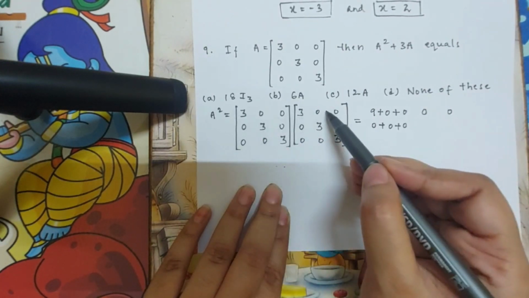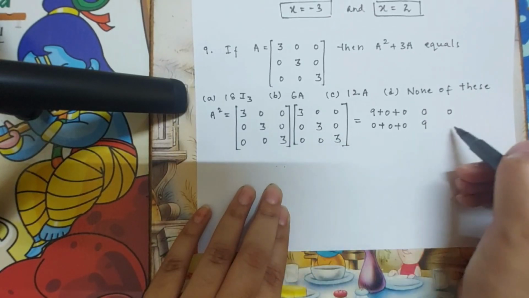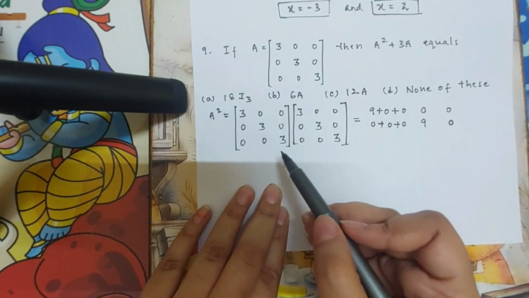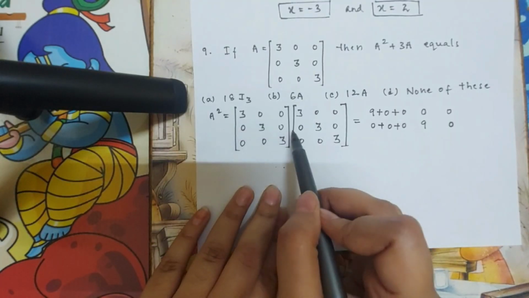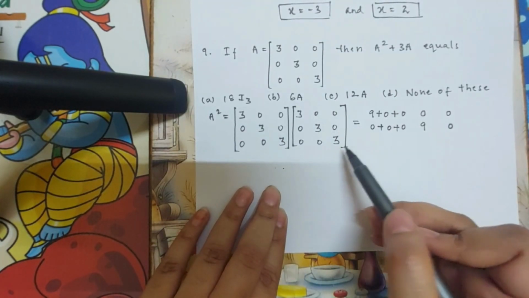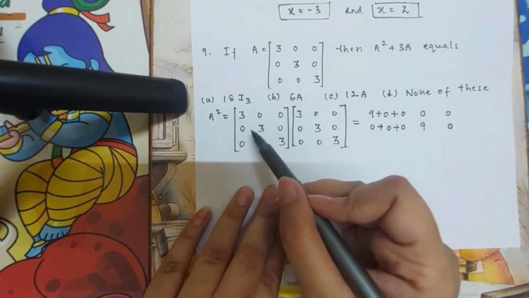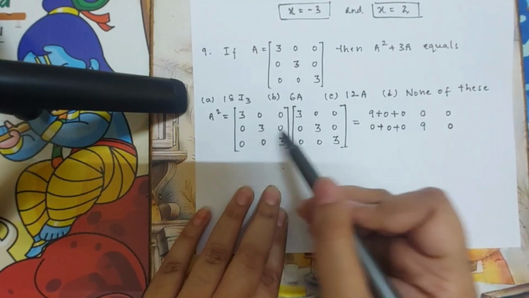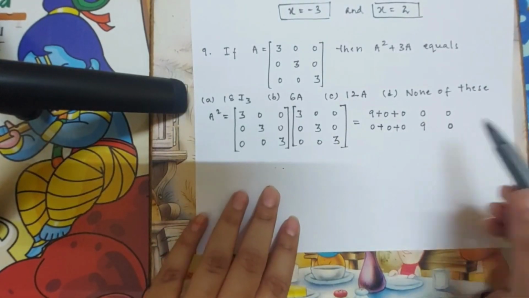So even here 0 into 0 is 0, 3 threes are 9, again 0 into 0, 0. So for the next element, I'll be considering the second row and the third column. Even here we'll be getting the value of the element as 0. Why? Because 0 into 0 plus 3 into 0 plus 0 into 3 gives us 0.